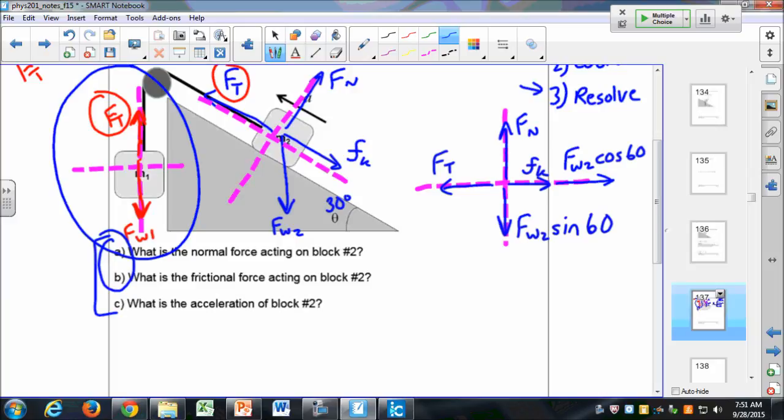Parts A and B. I'll give you a minute to answer that. Go ahead and find the normal force. If it helps, you can go and write out Newton's second law. The sum of the forces equals ma. But hopefully you can look at that vector diagram and just tell me straight up what is the normal force. And then you should be able to, from our four formulae, find what is the kinetic frictional force.